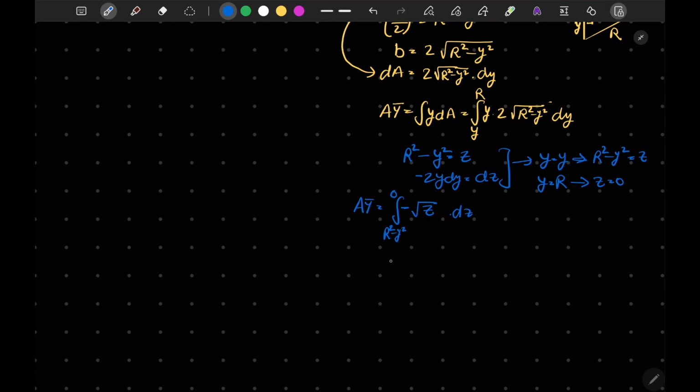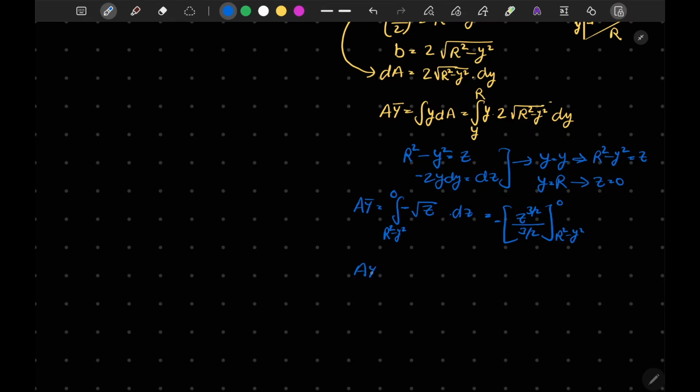If I integrate this, I will obtain z to the power 3/2 divided by 3/2, from R² minus y² to 0.